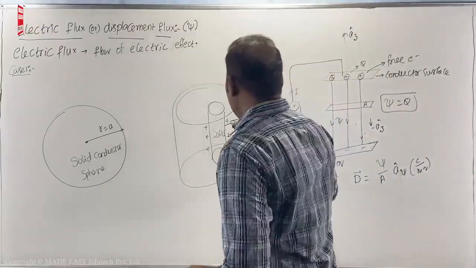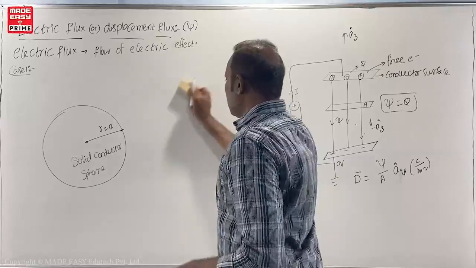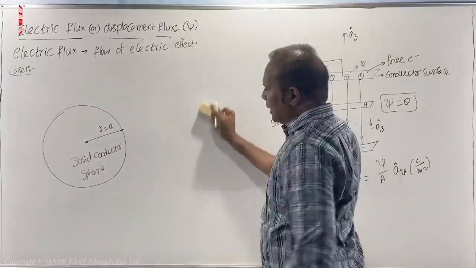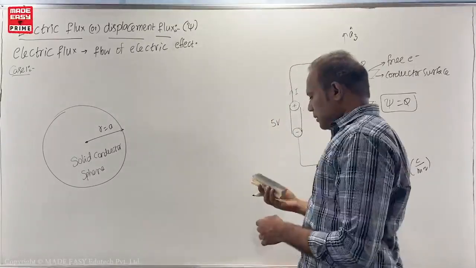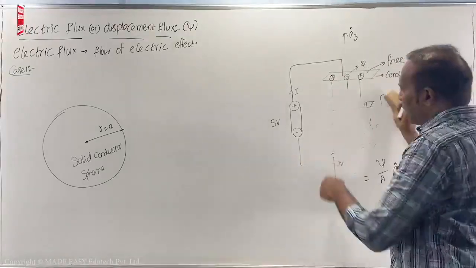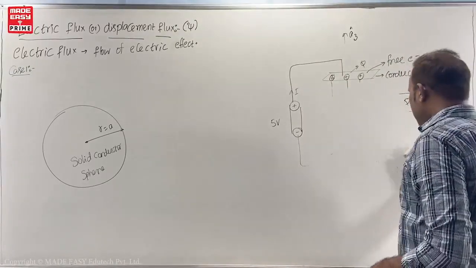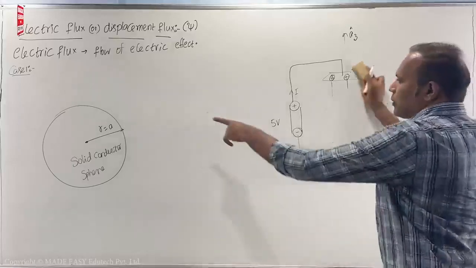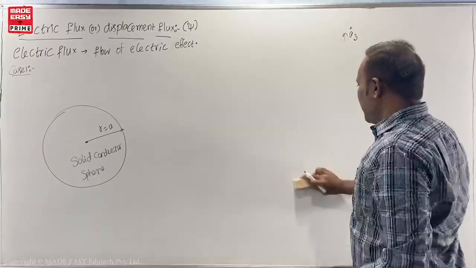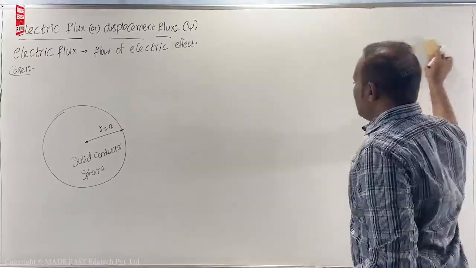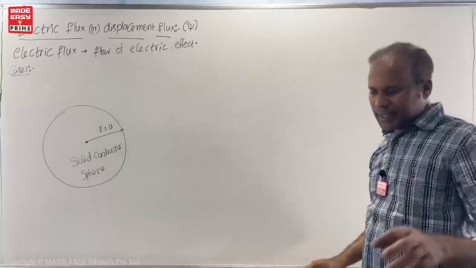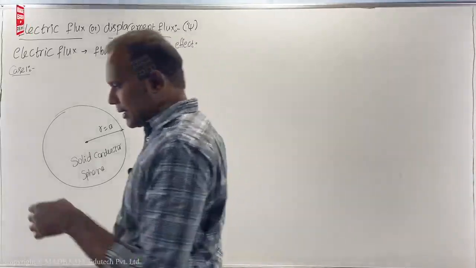So now this is called a coaxial capacitor. This is called a parallel plate capacitor. Now we are going to talk of a spherical capacitor. Capacitor means one positive charge surface is there, one negative charge surface is there.